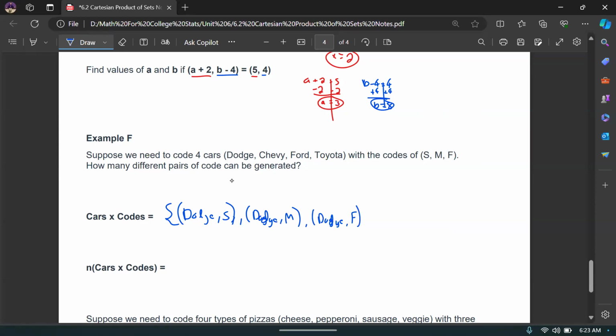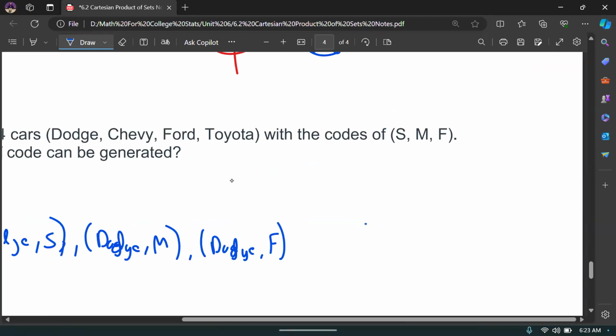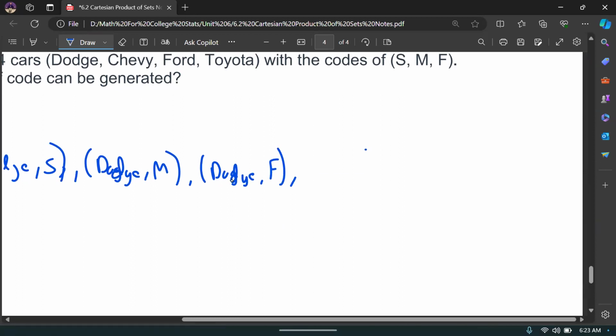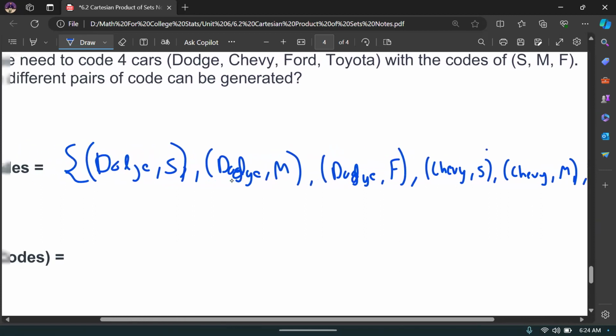So again, we're going to make all these different pairs. We have to keep going. We'll have to do Chevy, Ford, and Toyota as well. So Chevy S, Chevy M, and Chevy F. Keep going. We have to do it with Ford, right?